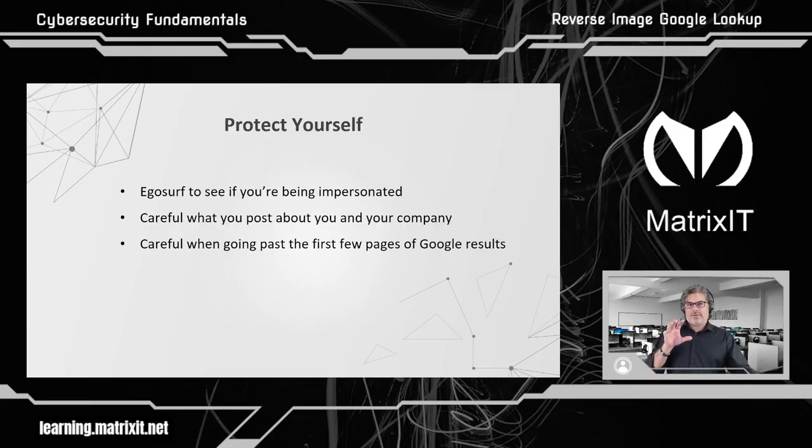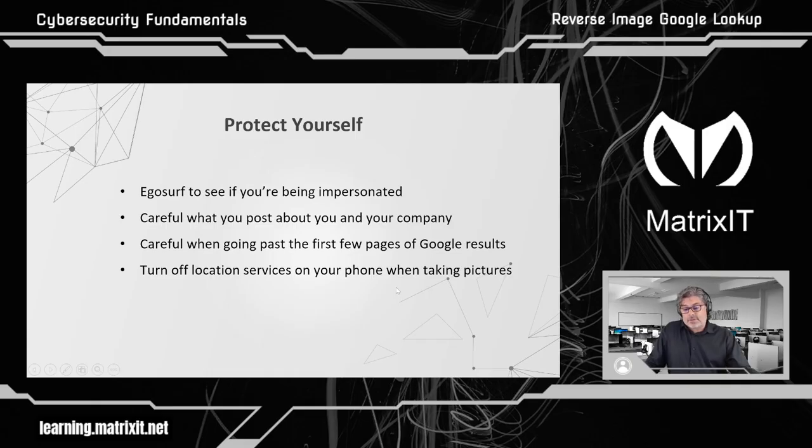The first page of results is pretty much what you're going to be looking for, and you're going to be pretty much satisfied with that. I think the statistics were, depending on the time of year and the search term, between 75 and 93% of people stay on the first page. If you're going to page 4 or 5, be careful what you're clicking on.